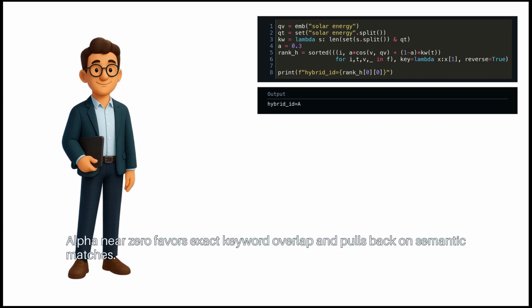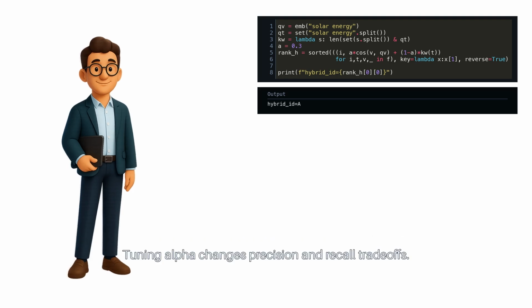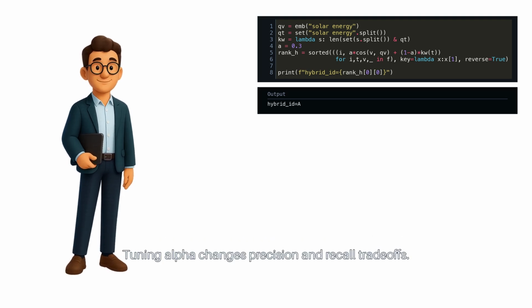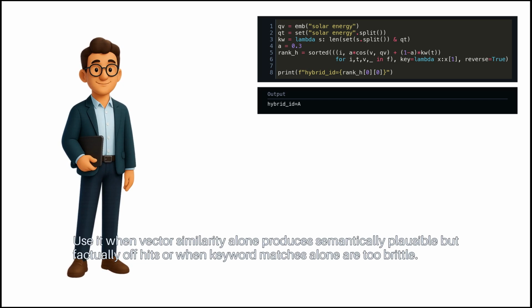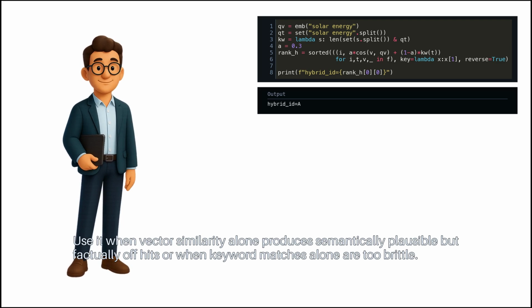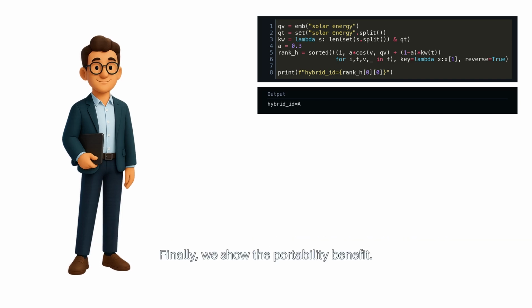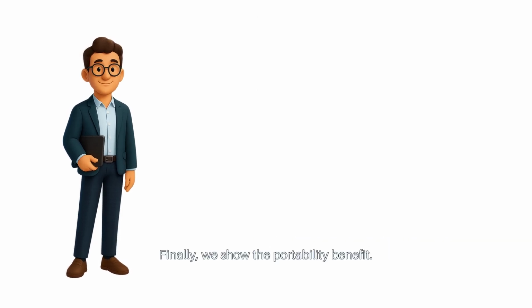Alpha near 0 favors exact keyword overlap and pulls back on semantic matches. Tuning alpha changes precision and recall trade-offs. Use it when vector similarity alone produces semantically plausible but factually off hits, or when keyword matches alone are too brittle.